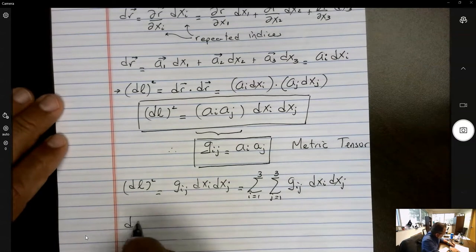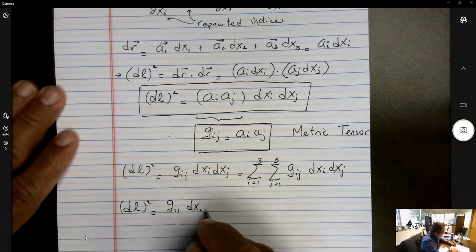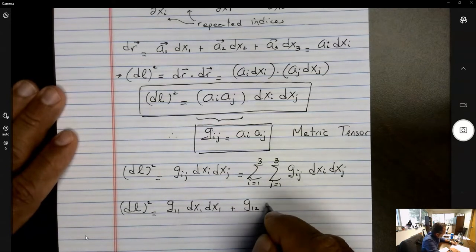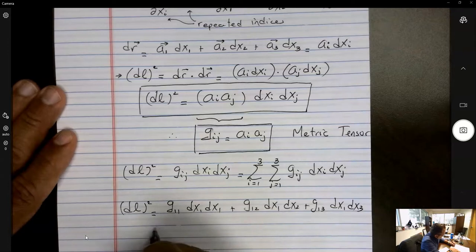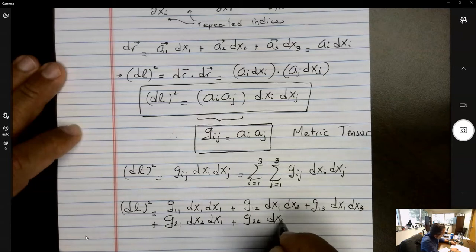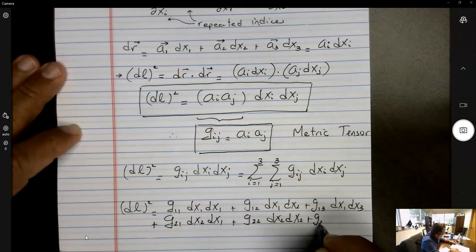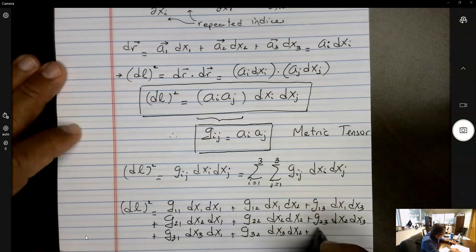So essentially dl squared would be G11, or the first element of that tensor, times dx1 dx1 plus G12 dx1 dx2 plus G13 dx1 dx3 plus G21 dx2 dx1 plus G22 dx2 dx2 plus G23 dx2 dx3 plus G31 dx3 dx1 plus G32 dx3 dx2 plus G33 dx3 dx3.